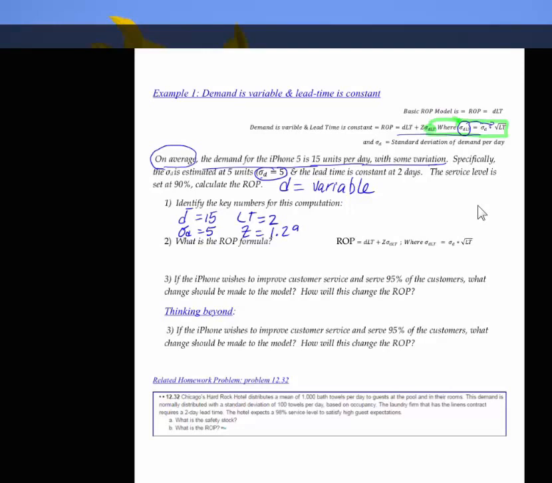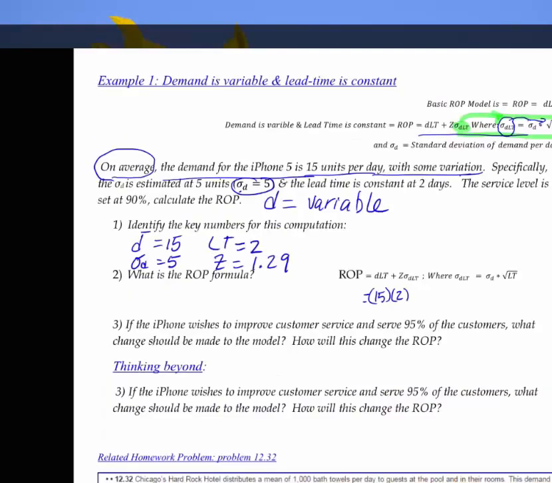So we can go ahead and set up our calculation using this formula right here. Here we've got ROP, reorder point, will equal our daily demand 15 multiplied times our lead time of 2, plus our Z value, which we decided is 1.29, because that's to get us our 90% service level, where then we need to multiply by 5 times the square root of 2.